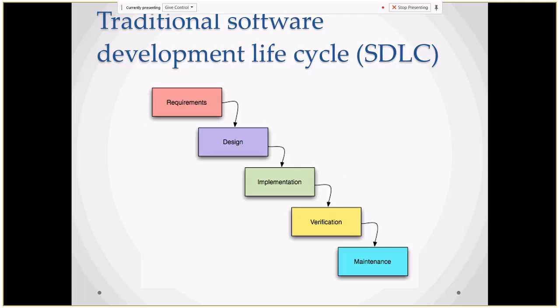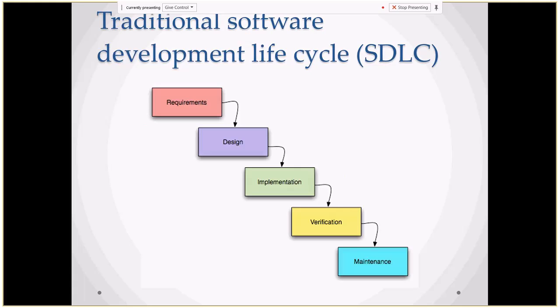Let's see. In traditional software development, the software development life cycle is somewhat like this. We all have learned this one, maybe about 4 or 5 or 10 years back. First one, requirements. So we get the requirements. That's the first stage, and then design, the architecture design or software design, and then implementation.